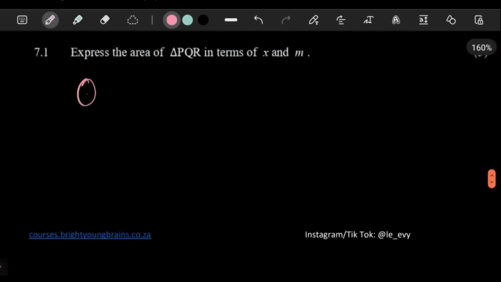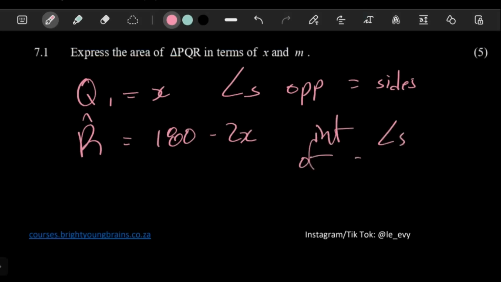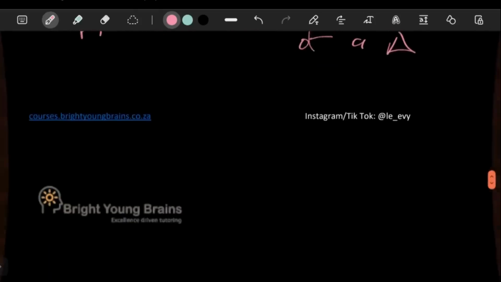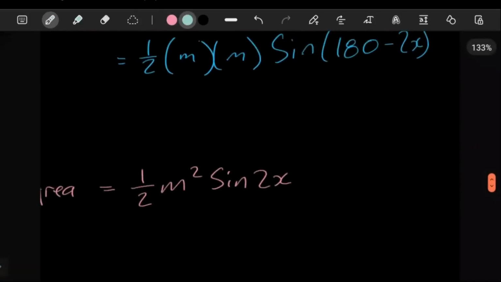So Q1 is equal to x. The reason is angles opposite equal sides. Then angle R is equal to 180 minus 2x. The reason is interior angles of a triangle. Okay, fine. Statement, reason, so that we can say all that we have said down here.